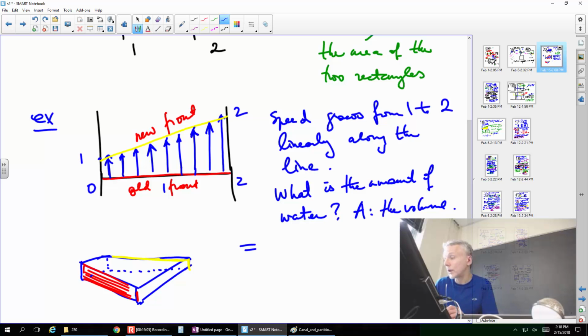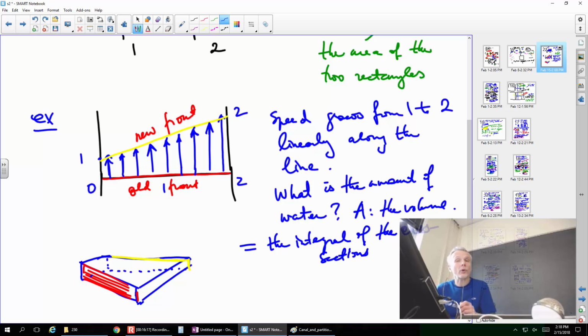So volume is the integral of the cross sections. I choose to cross-section them by horizontal planes. So what cross sections do we get every time we cross it like this?